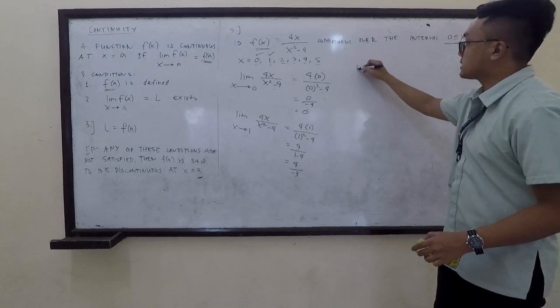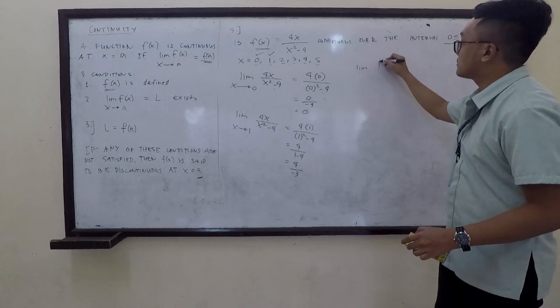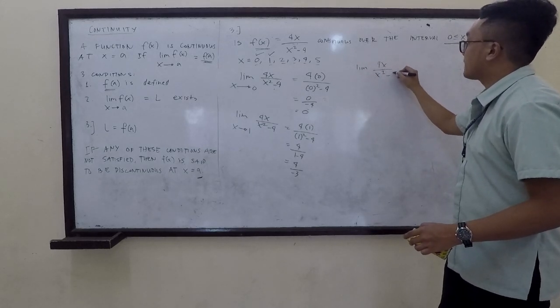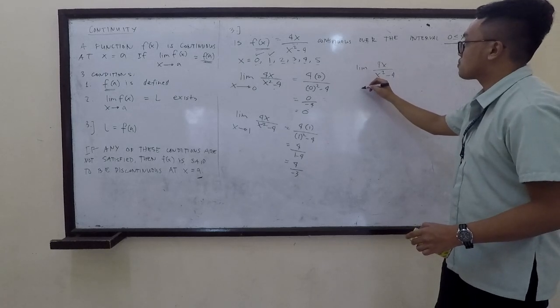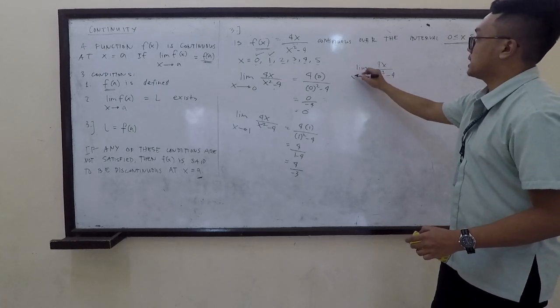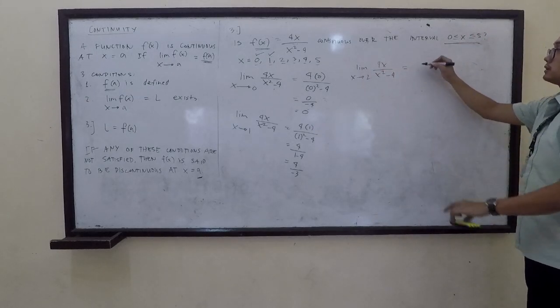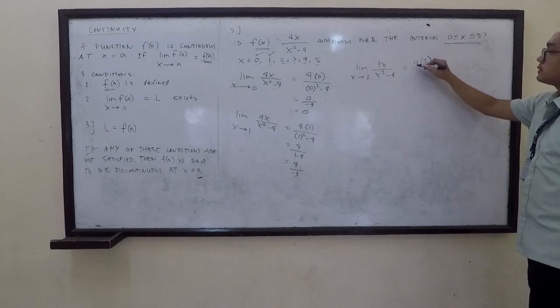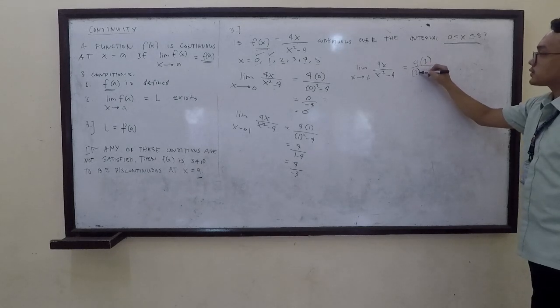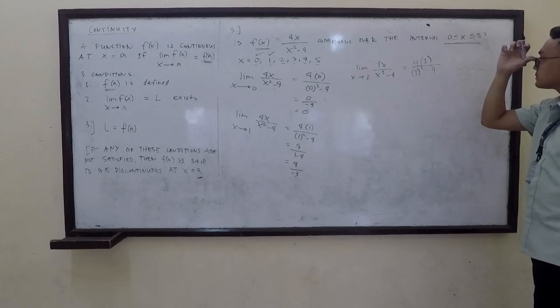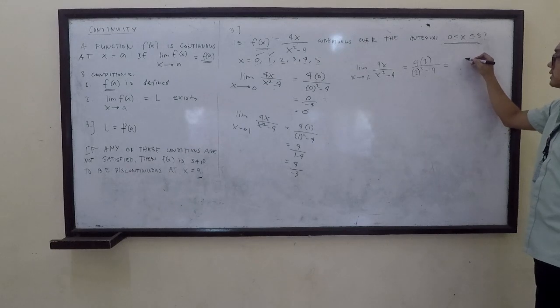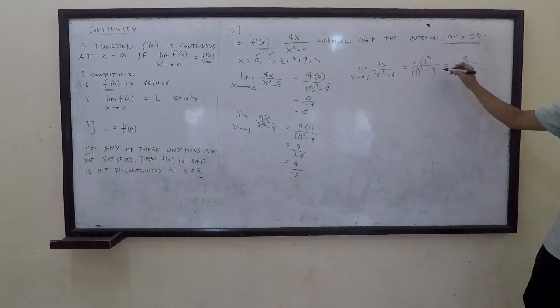Okay, next is for number 2. As x approaches 2. Okay, so this is 4 times 2 over 2 squared minus 4. So this is just 8 over 4 minus 4.